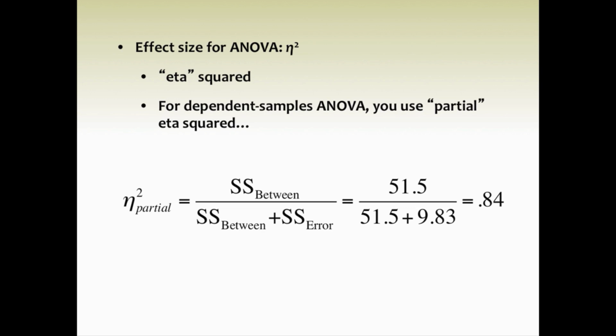Sum of squares between on the top and also on the bottom, and then on the bottom you just add in sum of squares error, so it's just a statement of sums of squares. So we're going to end up with 0.84 here for this example. Again, there's a maximum of 1 on these eta squared values, so this is a pretty high value, pretty close to 1. The larger the value, the larger the effect, but in terms of meaning, I think the meaning that comes out of this is best seen when we have multiple studies to compare.